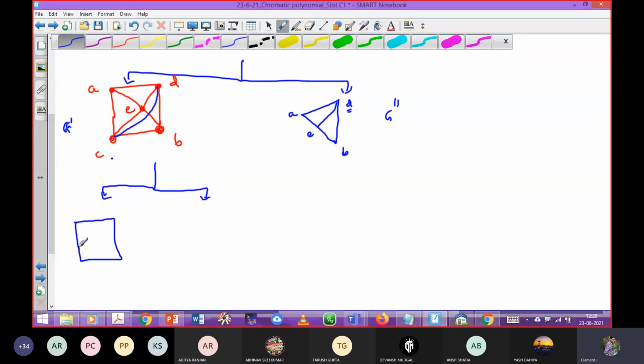Listen carefully. Next, this will be A, D, C, B. So already there is an edge from A, C to D. Now you are going to create an edge between A to B. A to B. Okay.